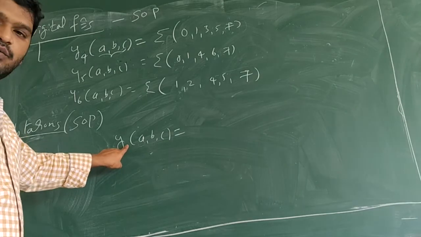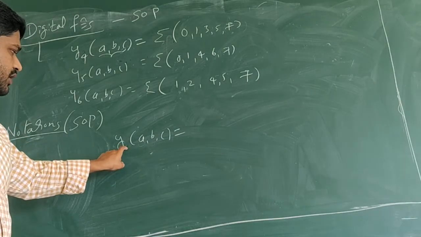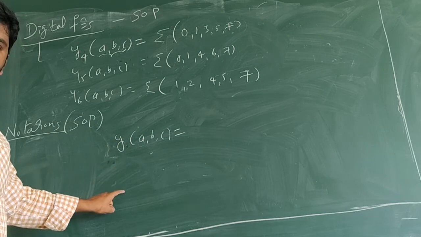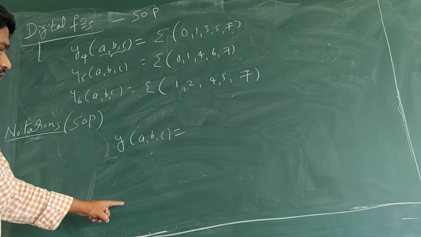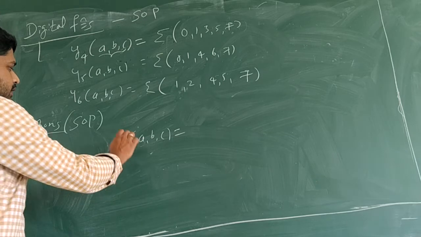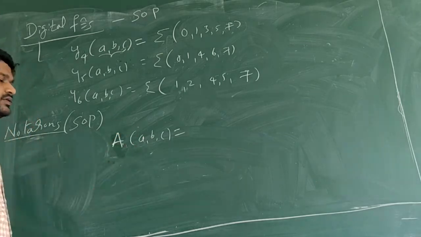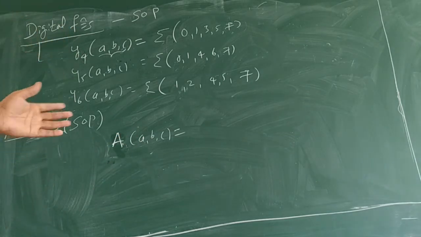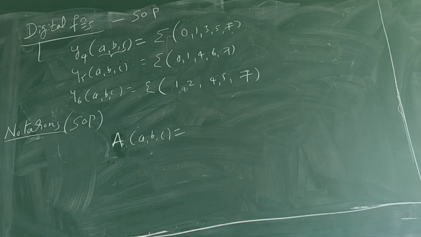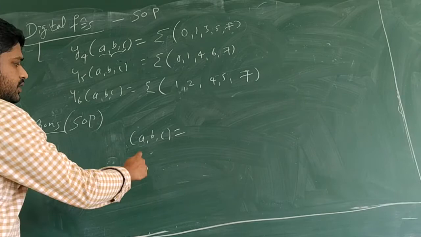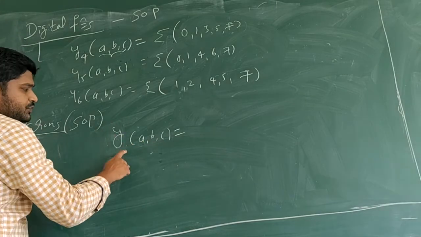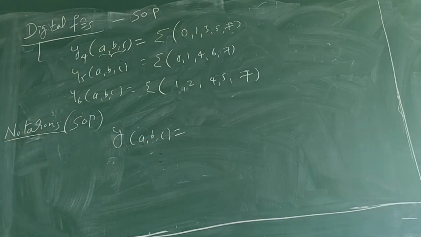Sometimes we will write y1, y2, y3. Don't worry about that. You can take X, Y, Z, M, N. Don't take it like this: A is a function of ABC. You will get confused when you solve future problems. So it is better to take a function name which is not the same as a variable name.